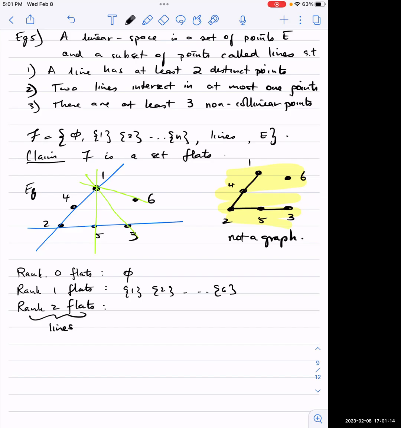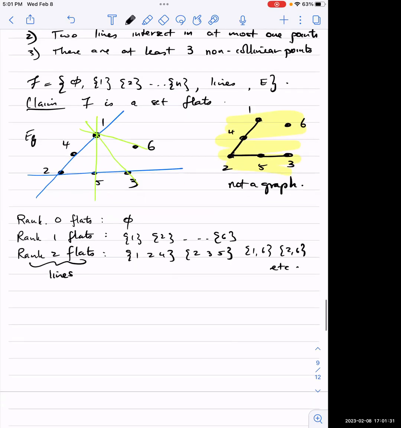The non-trivial ones are 1, 2, 4 and 2, 3, 5. And then you have all the other pairs, like 1, 6, 2, 6, etc. And then the rank 3 flat is just the whole space.